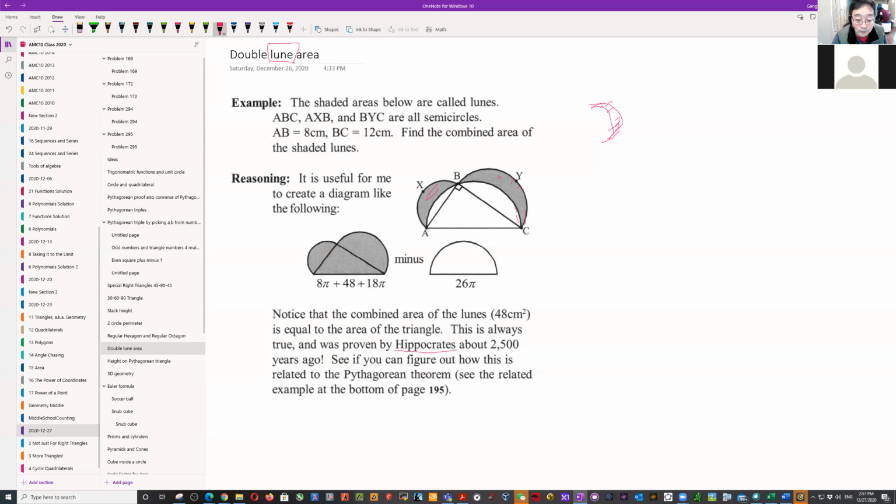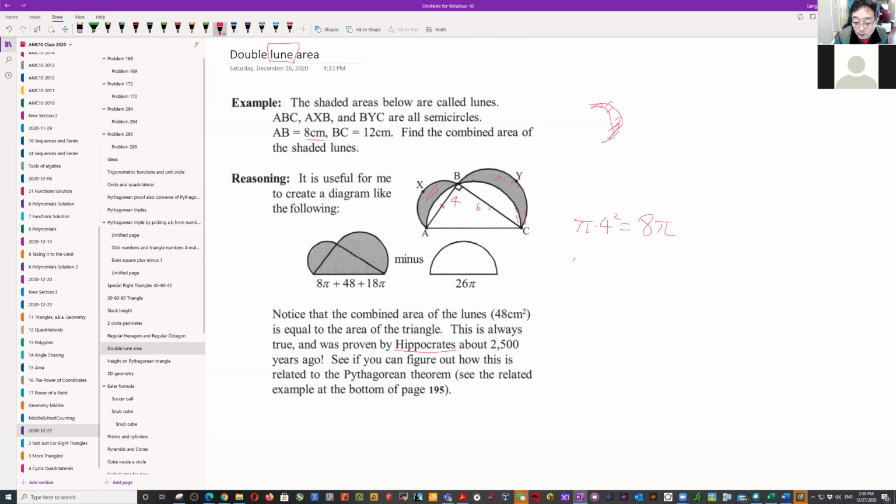Basically, the half circle here, because AB equals 8, the radius is actually 4. And BC equals 12, so the radius is 6. So the area of this half circle is pi multiplied by 4 squared, equal to 8 pi.